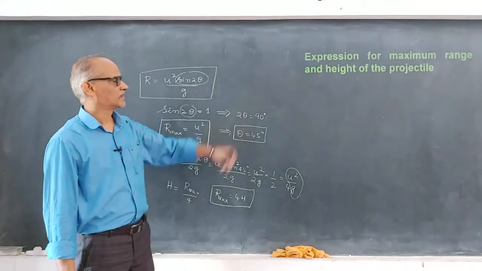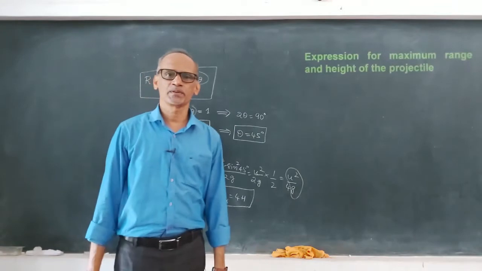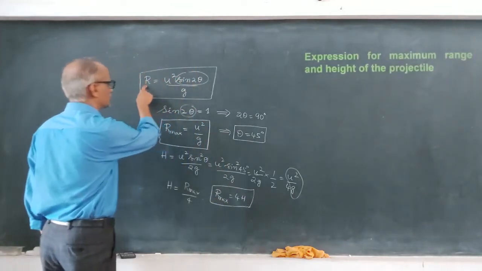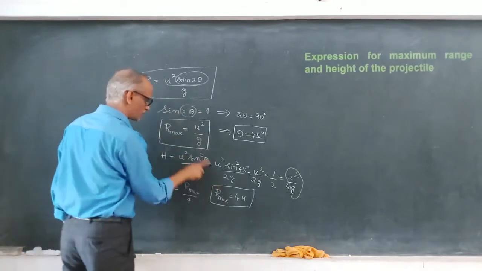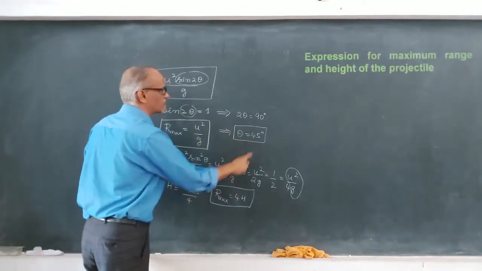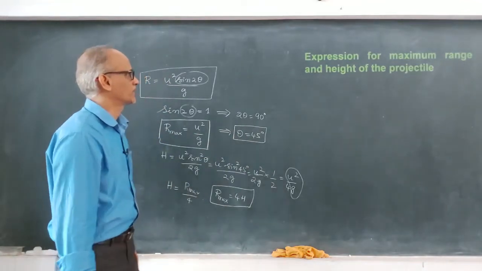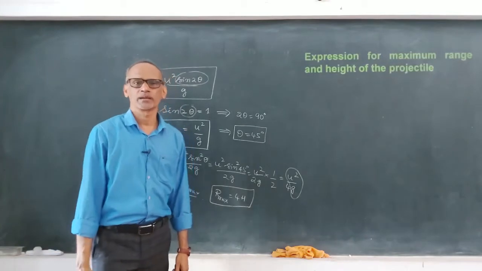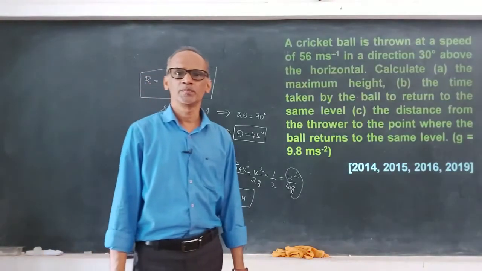That is what the statement is all about. Expression for maximum range, this is important, not just the formula for range. This is the formula for range. This is the formula for maximum range. At what angle do we achieve maximum range? At an angle of 45 degree. So the expression for maximum range and the height of the projectile is given by R max is equal to 4h. Hope you are clear with that.